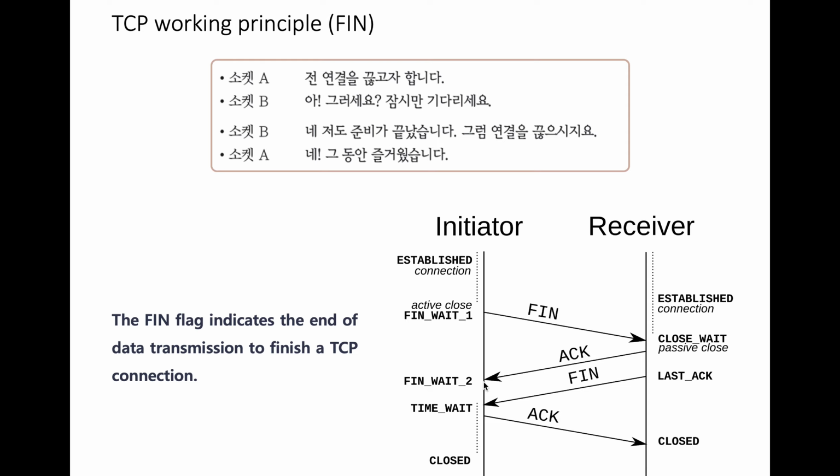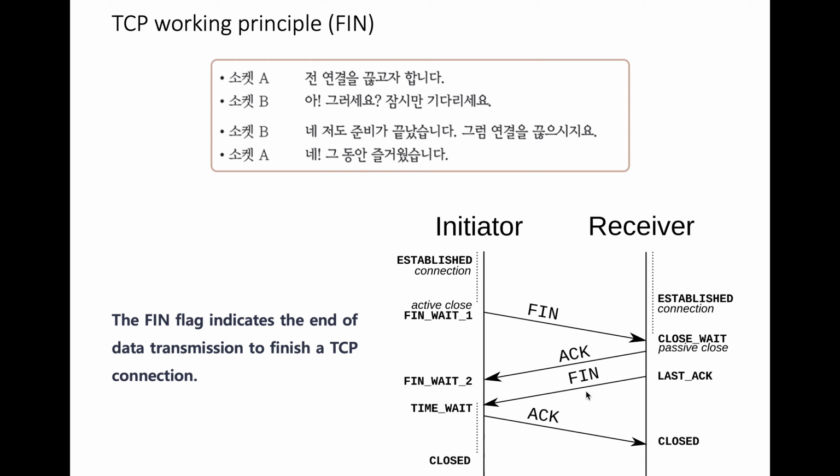At this point, the initiator will be waiting for the receiver to also send back a FIN packet so that it could also close, and then the receiver sends it back, and the initiator will send back an acknowledgement. That means: okay, I want to close this connection. You can say, okay, all right, I'm just preparing, I'm going to send the FIN packet right now.